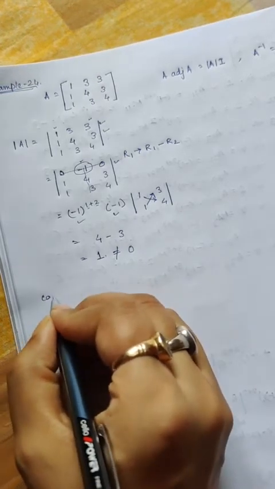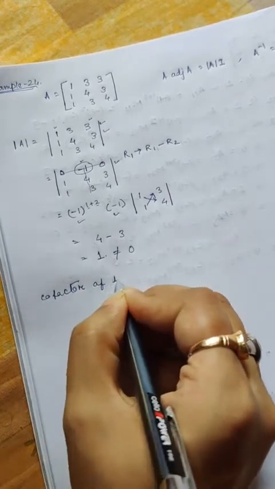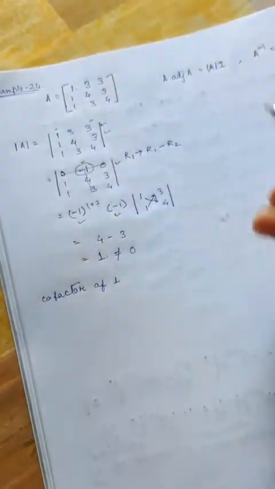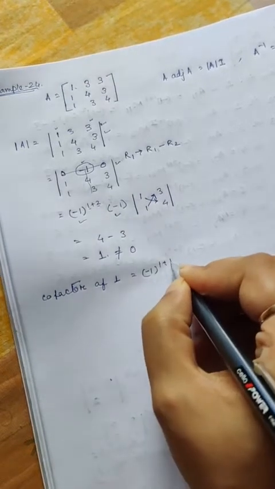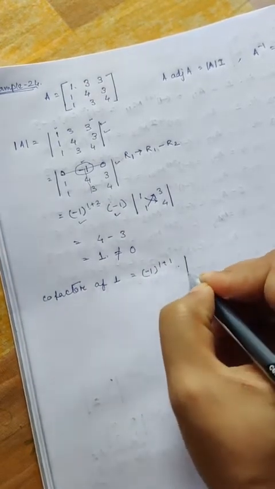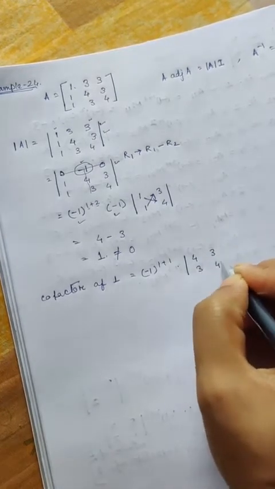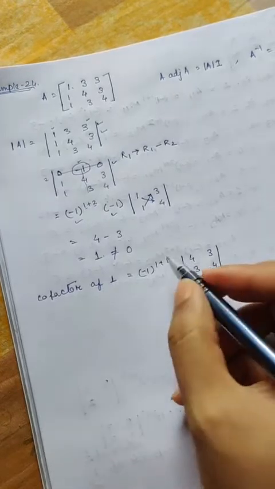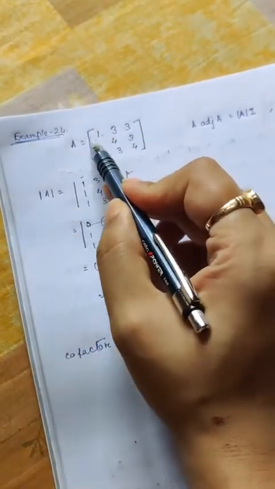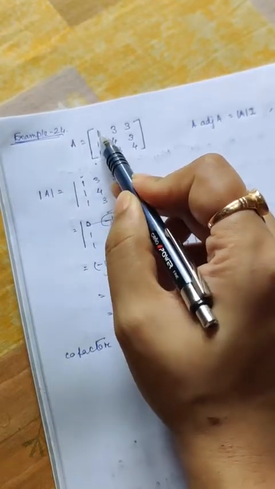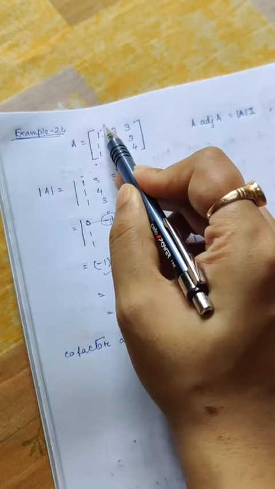So cofactor of the first element 1. How will we find it? Minus 1 to the power 1 plus 1 into the determinant 4 3 3 4. It is because we have to exclude the first row first column, and this one is in first row first column.